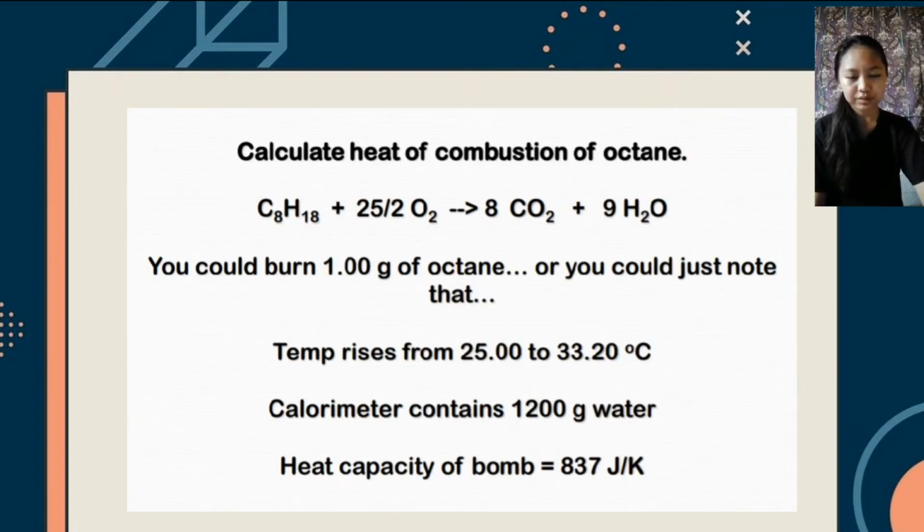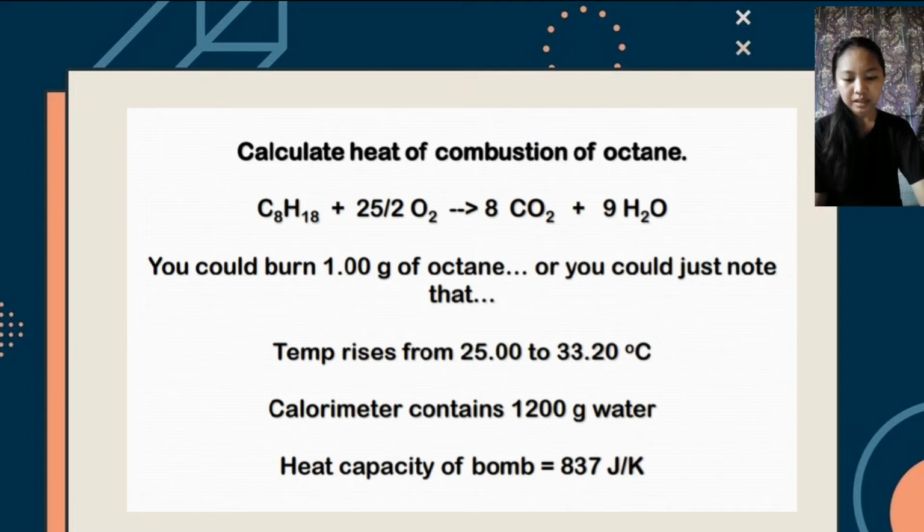Calculate the heat of combustion of octane. C8H18 plus 25 over 2 O2 yields 8 CO2 plus 9 H2O. You could burn 1.00 grams of octane, and just note the temperature rise from 25.00 to 33.20 degrees.